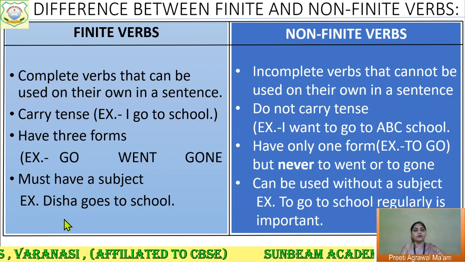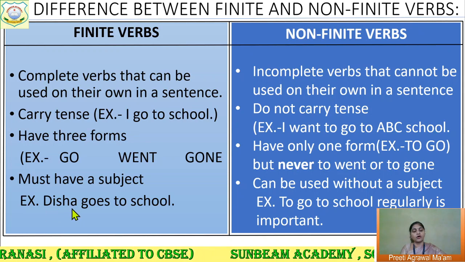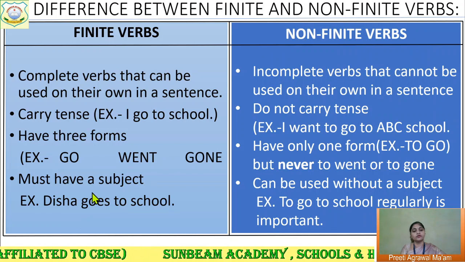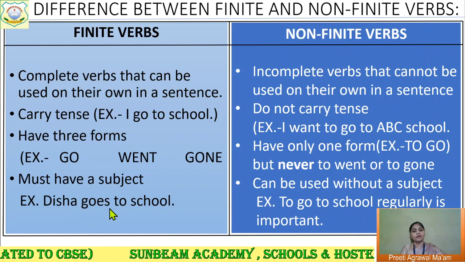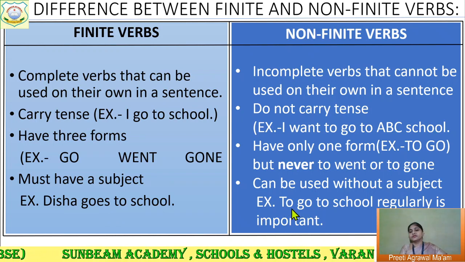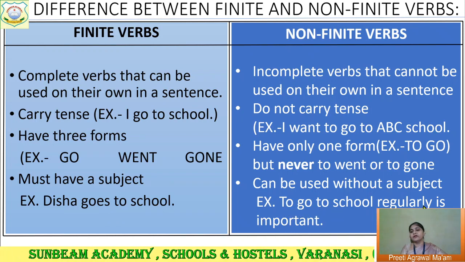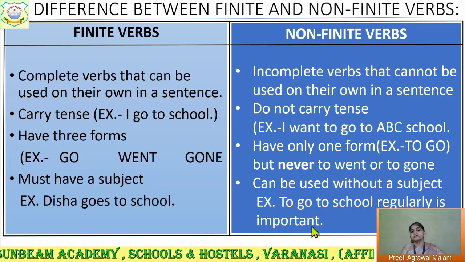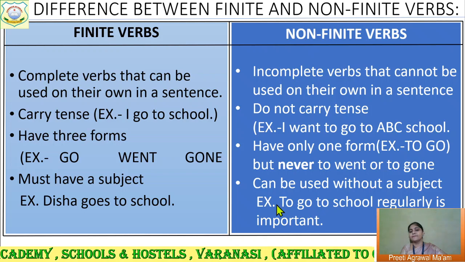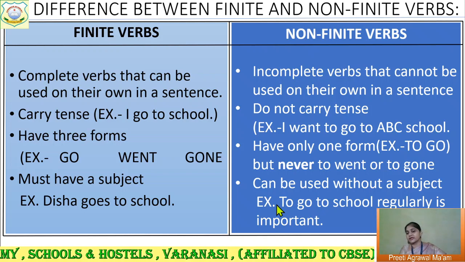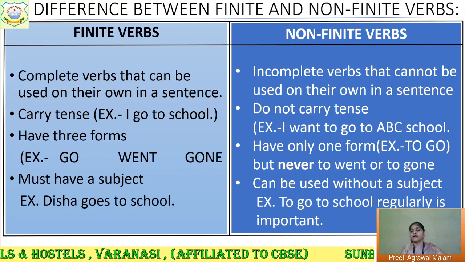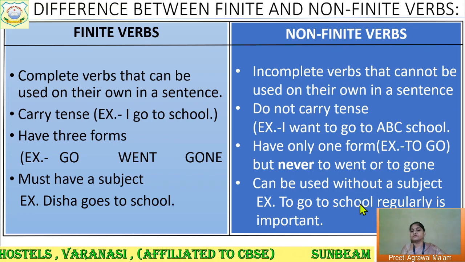So finite verbs always have a subject, and this goes is your finite verb. Clear? It can be used without a subject. To go to school regularly is important. No subject is given here about whom we are talking. Who is the doer of the action? No subject is given here. So non-finite verb can be used without a subject.